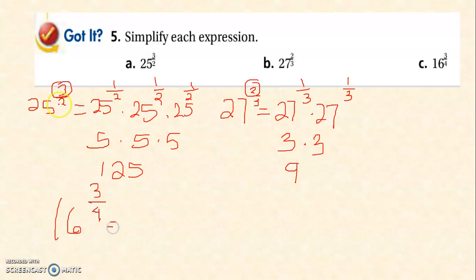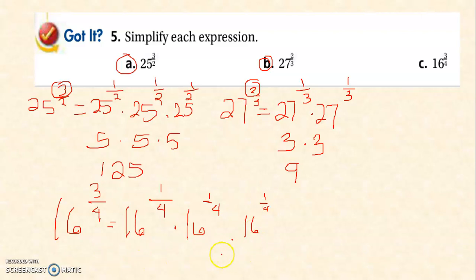Okay? The third one, 16 raised to 3 over 4. Okay? Again, following the same pattern in letter A and letter B. Copy the base, copy the denominator, and just write 1 here. We're going to repeat 16 raised to 1/4 how many times? 3 times because of the numerator, 3. 16 raised to 1/4 multiplied by 16 raised to 1/4, and so on.